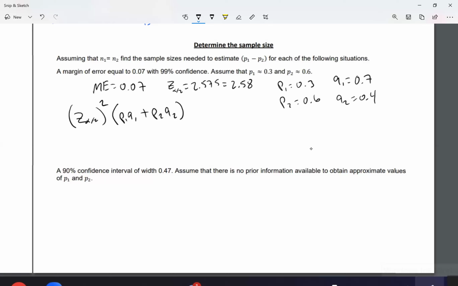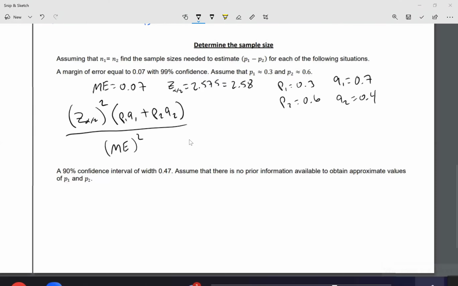Notice how I have P1 Q1 plus P2 Q2 inside the parentheses because I wanted to do the addition on its own. Divide this by the margin of error all squared. I have my information. I'm just going to type this on my calculator.